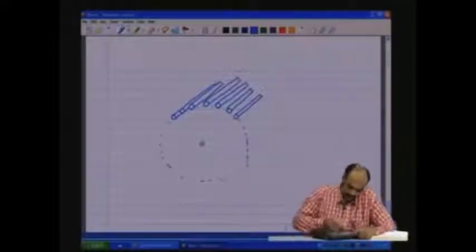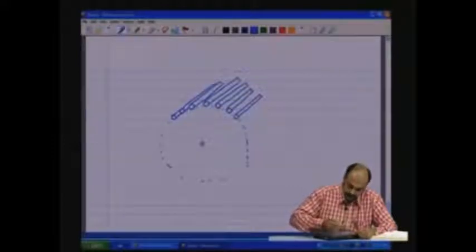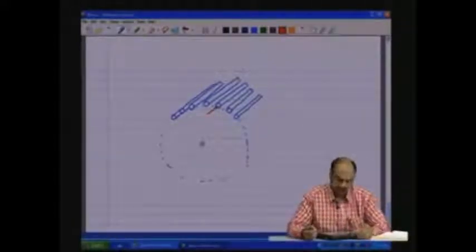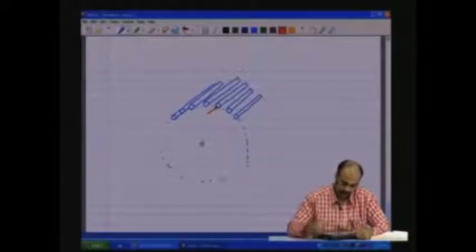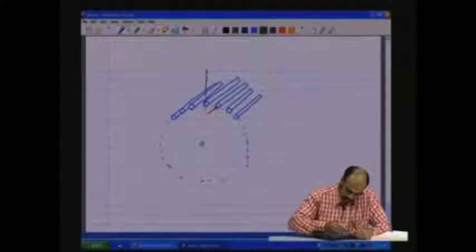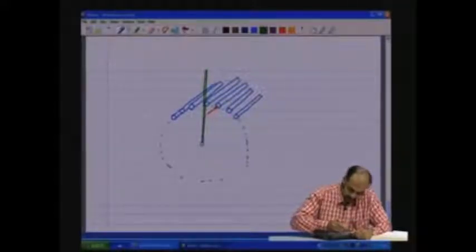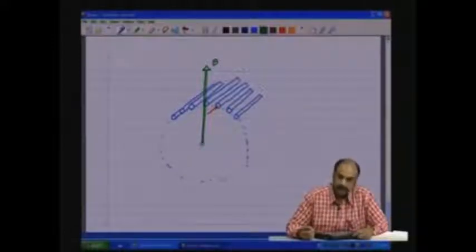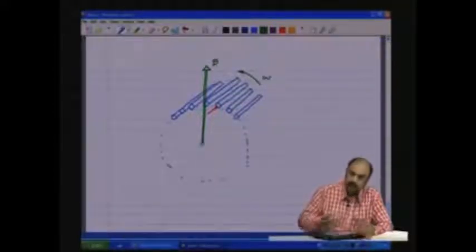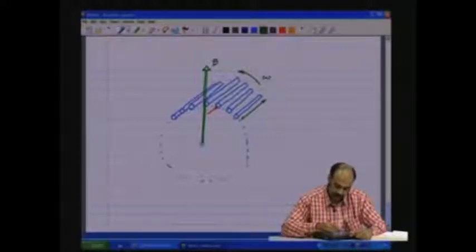And let us say there is current flowing through the rotors, and also let us say that there is a field of density B. So, we have a field flux of density B, and there is a motion, that is these conductors are rotating, and these conductors have a length L.